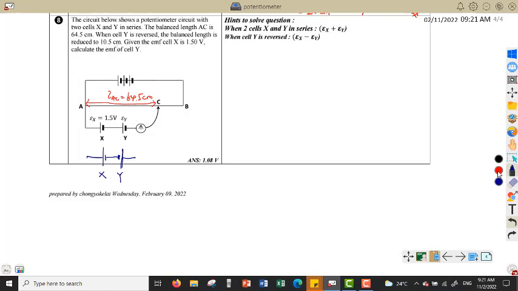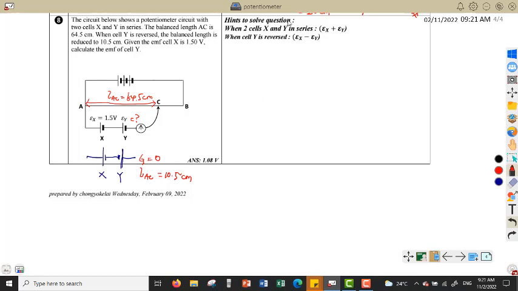So in order to get the G reading 0, the length becomes 10.5 cm. Given the EMF of cell X is 1.5 volt, we want to determine the EMF of cell Y.